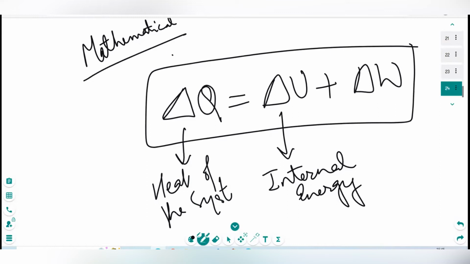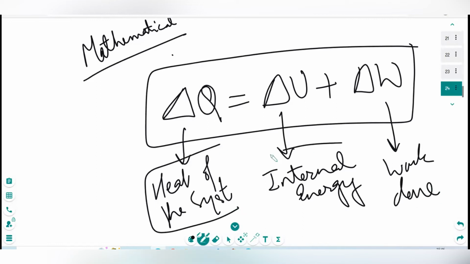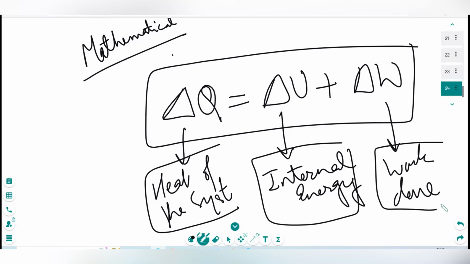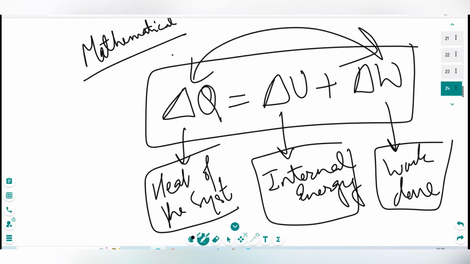Some part is lost and some comes out as work done. So this is heat, this is internal energy, and this is work done. Heat and work are transfer modes, and this is your internal energy.